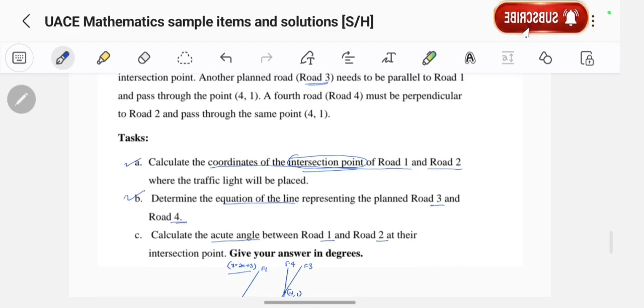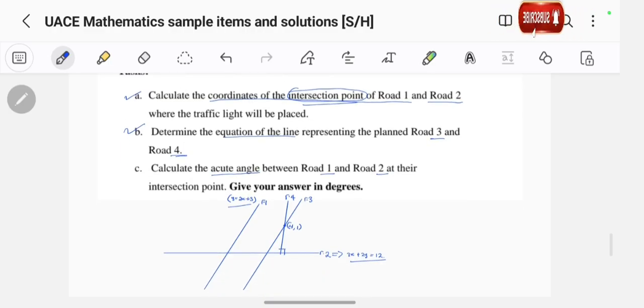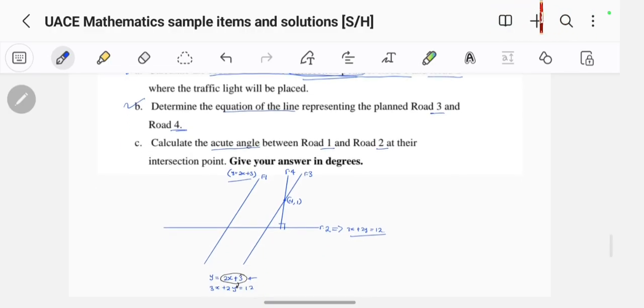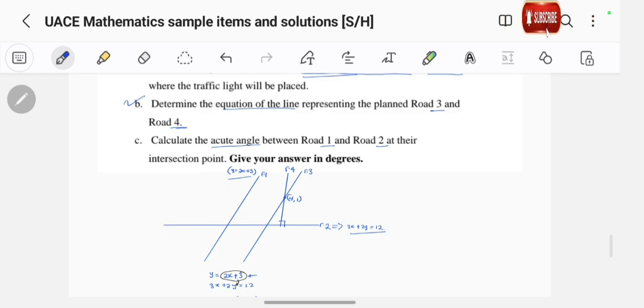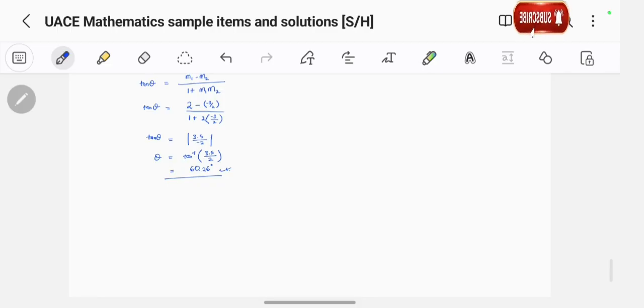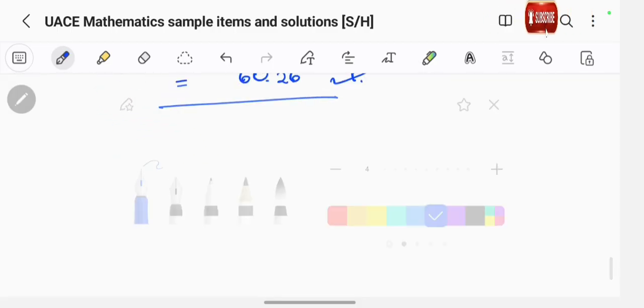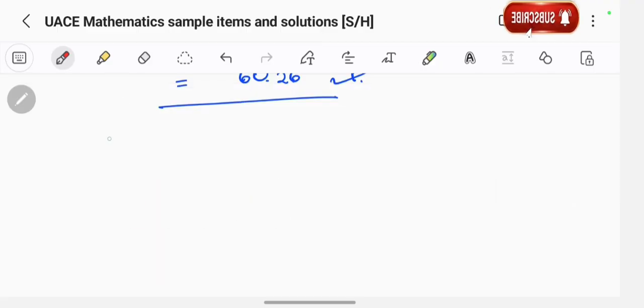We have simultaneous equations, we have coordinate geometry. So that's it. Our next will be item 6.